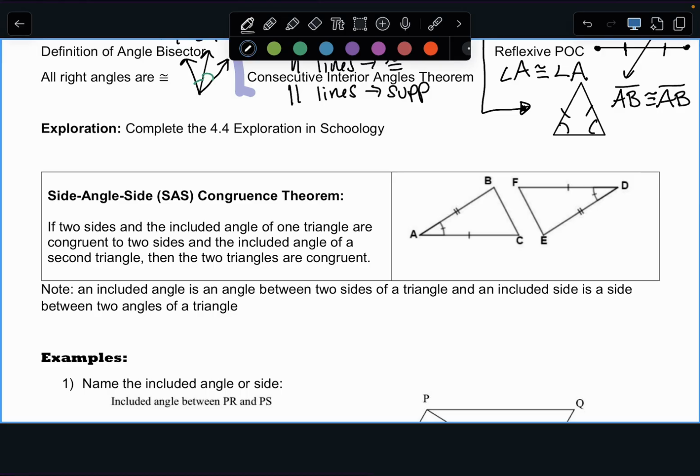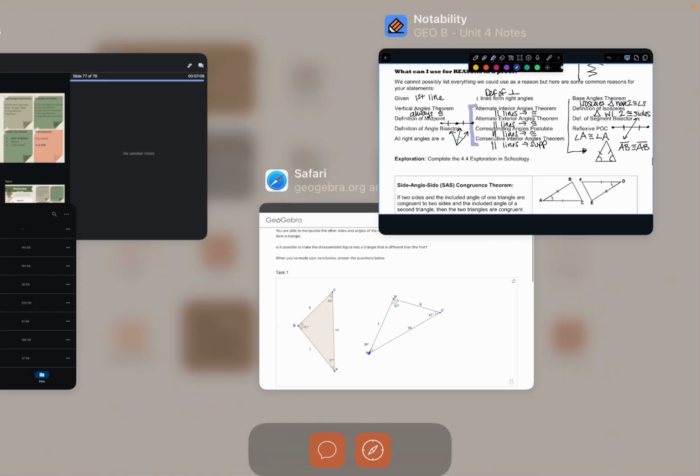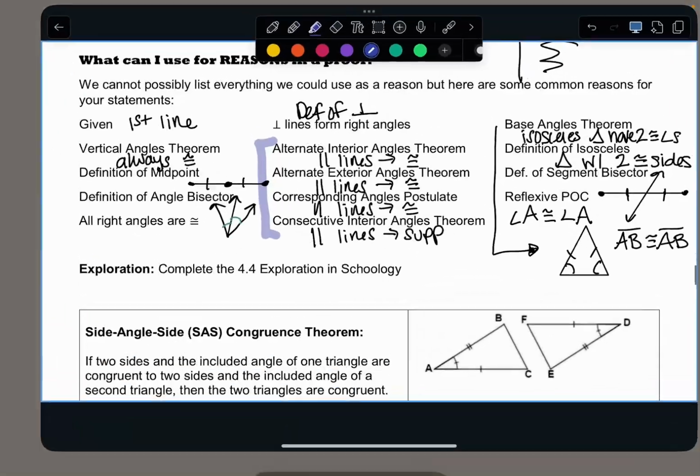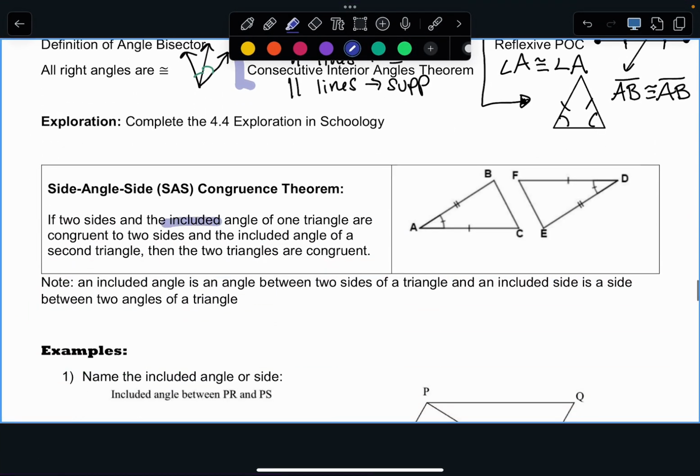Side, angle, side. It tells you that if two sides and the included angle of one triangle are congruent to two sides and the included angle of another triangle, then they are congruent. So all we need now is if we look, AB is congruent to ED.